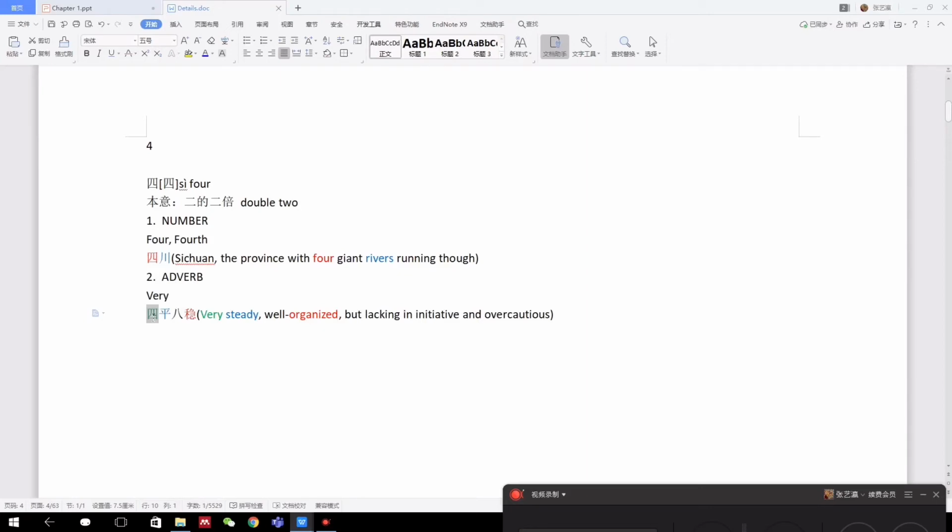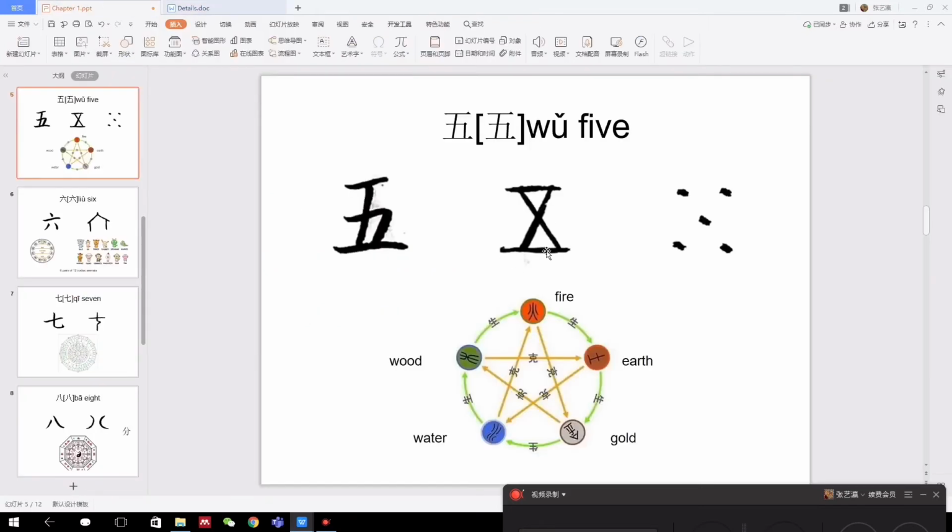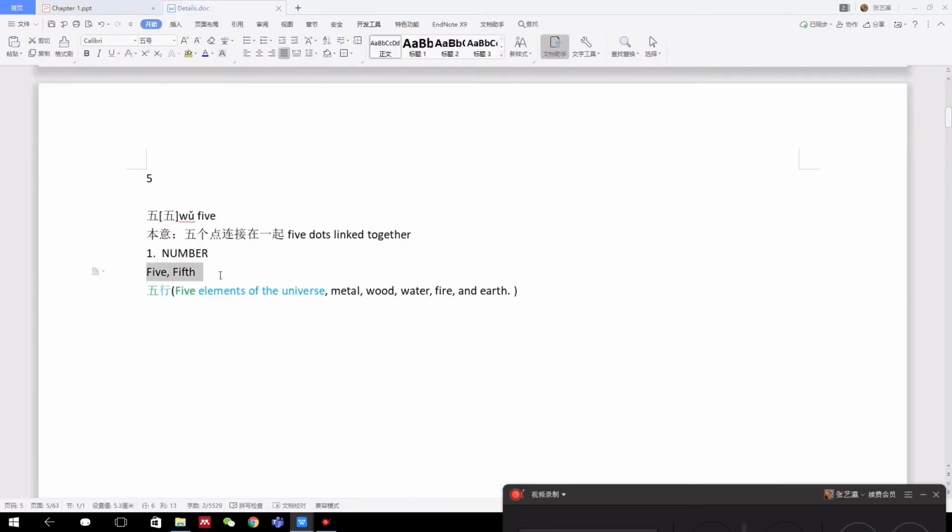The next character is 5. The oracle of 5 is 5 dots linking together, and gradually people write 5 in this way. In modern Chinese, it also means number 5 or fifth.